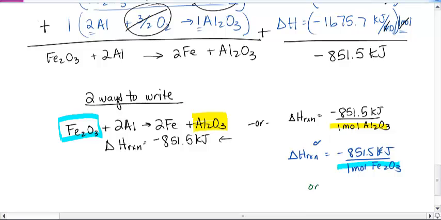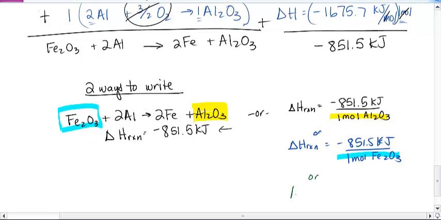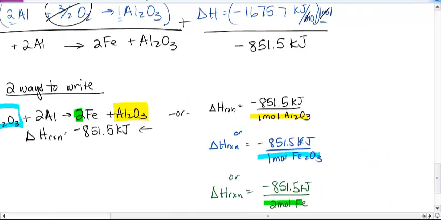Or, I'm just trying to let you see there's a lot of ways to interpret this, or delta H for the reaction is negative 851.5 kilojoules divided by 2 moles of iron. Again, why? Because in my balanced equation, I have 2 moles of iron. But I probably wouldn't leave it like that because I would divide it out.